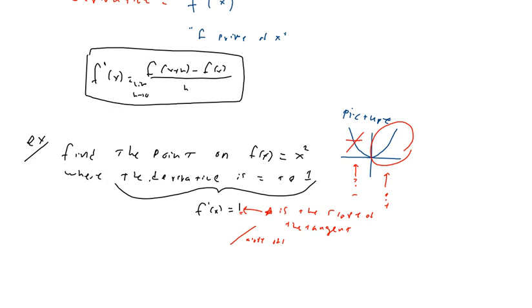We don't know exactly what the x is, but that's what we're looking for: an x value, which could be a positive x value, where the slope is like this. We know it's going to be on this side of the equation.